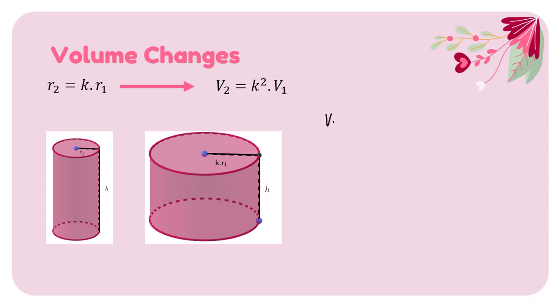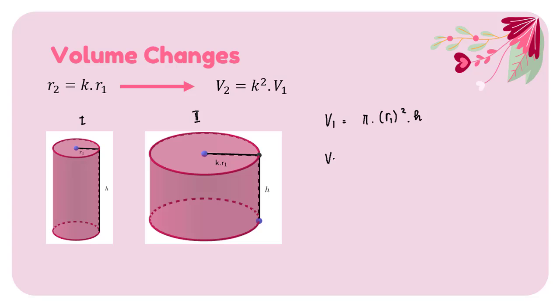If I have a cylinder here with the radius r1 and I enlarge with the radius k times longer. So for the first cylinder, you can find the volume V1 equal to pi times r1 squared times h. And then let's find the volume of the second cylinder.